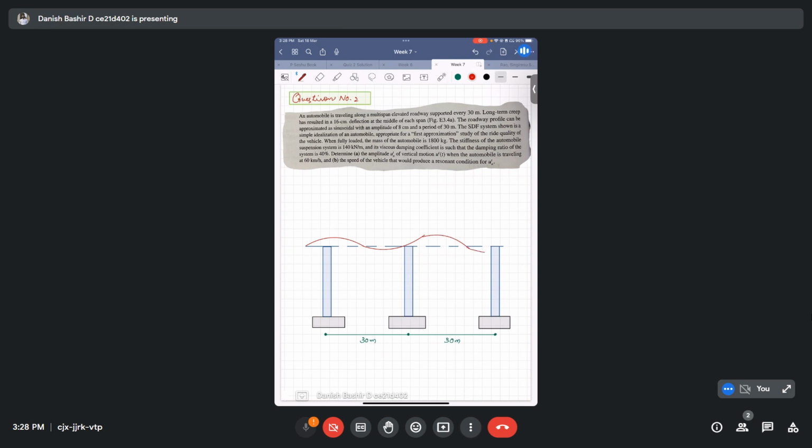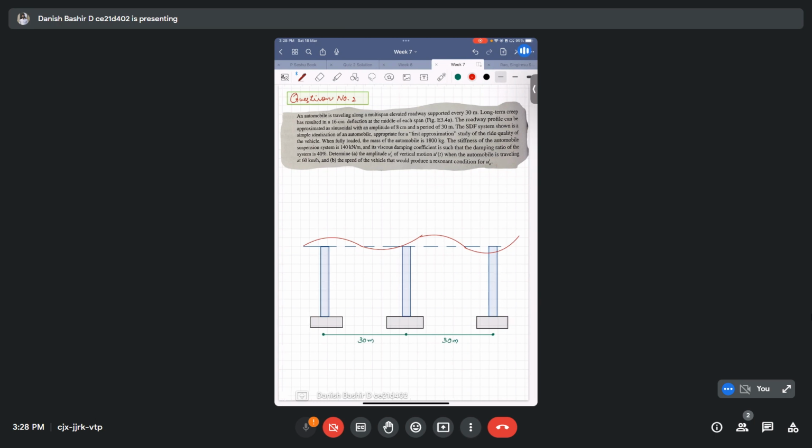So from the middle line, the amplitude of the profile can be 8 centimeter maximum.